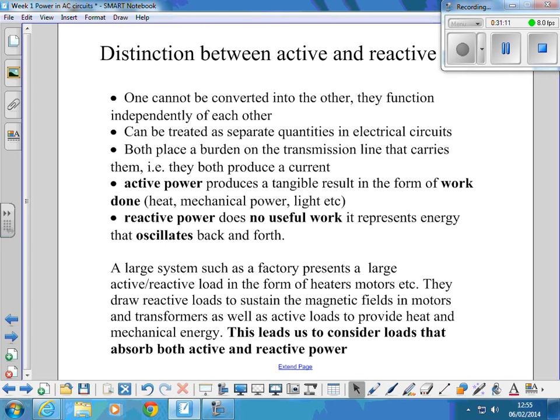They draw reactive loads, and they do that to sustain the magnetic fields. So in transformers, you've got to sustain a magnetic field. In a motor, they wouldn't work without a magnetic field. Active loads provide heat and mechanical energy. So what we need to do then is consider loads that absorb both active and reactive power combined.